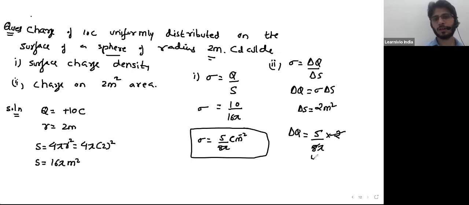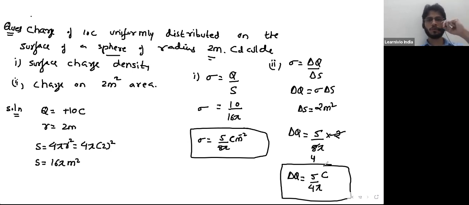It gets cancelled out, it's 4. So delta Q is 5 by 4 pi coulomb. This is the charge on the sphere.